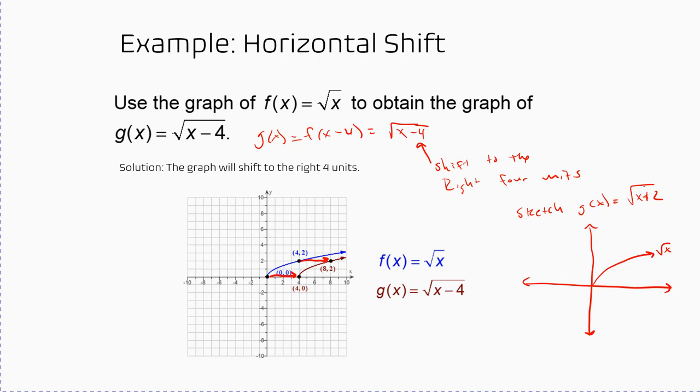Well, the plus underneath the square root sign, so plus 2, means shift to the left 2 units. So I'd take my graph, shift it to the left 2 units, and this would be the square root of x plus 2. So it's the same graph, just whoop, shifted to the left 2 units.